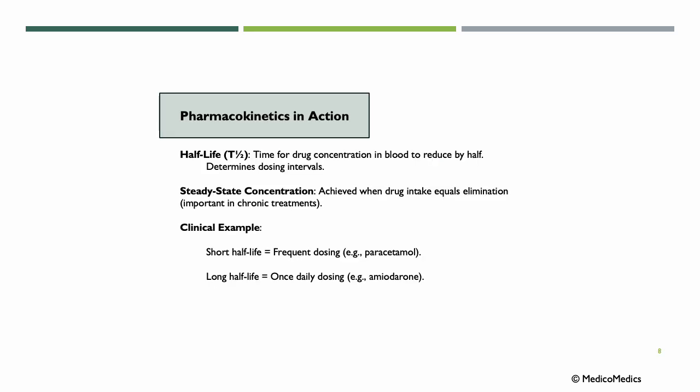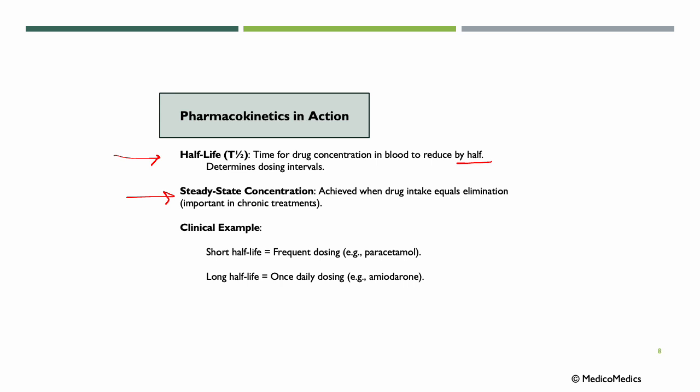Now, to finish, let's apply pharmacokinetics to real-world prescribing. Two key concepts here are half-life and steady state. A drug's half-life is the time it takes for its concentration in the blood to drop by half. This directly determines how often we need to give a dose. The steady state concentration is reached when the rate of drug intake equals the rate of elimination.